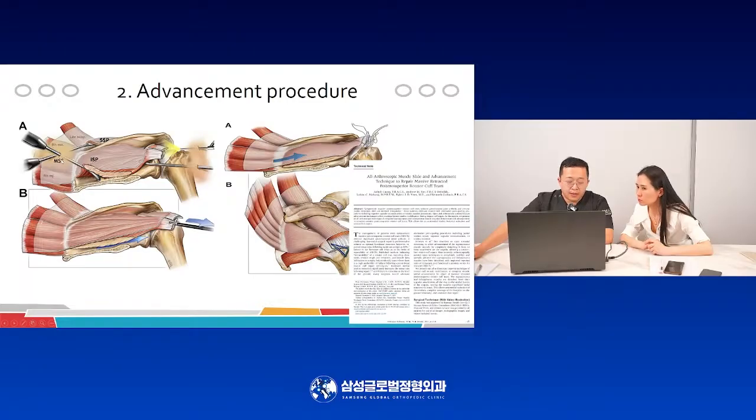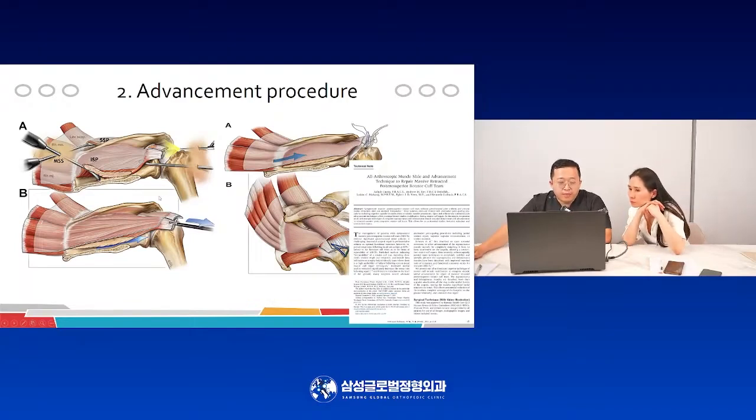With that dissection, the muscle can be retracted much more easily to the lateral side. So some massive tendon tears could be fixed much more easily than before. Nowadays, in Japan, many doctors also use this way.